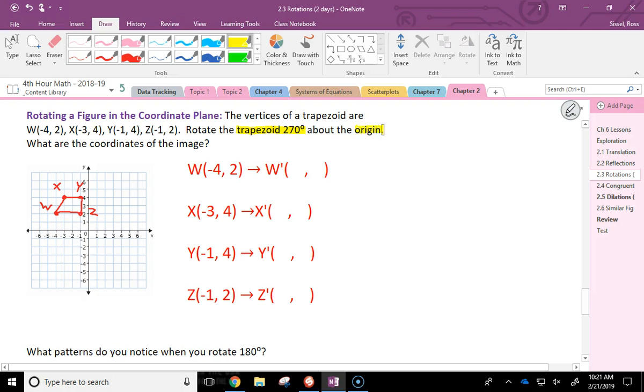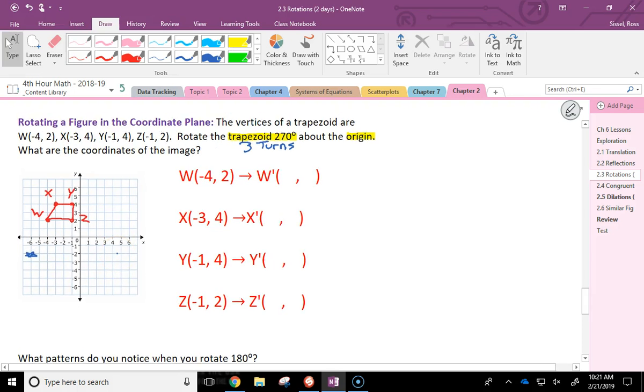That's why this is working right now. Origin's in the middle. 270 degrees, how many turns is that? That's going to be 3 turns. So I'm going to go 1, 2, 3. I'm going to end up in quadrant 3.